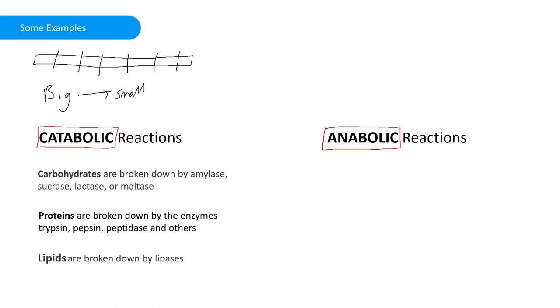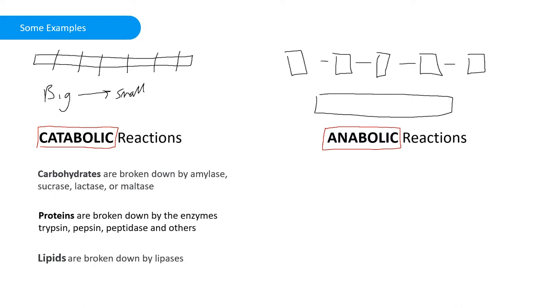Anabolic reactions work the other way. So we'll have small things here that when you join them together, when you have a reaction, you make a big thing in total. So that's going from small molecule to big.